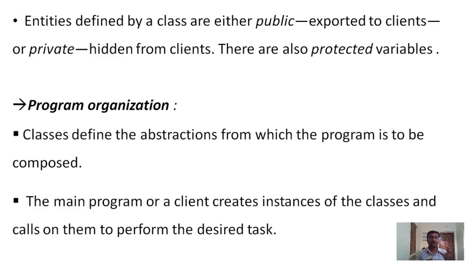So classes are designed, and based on the classes, objects are declared in the main program. The client creates the objects of the classes, and if you call them, they perform the desired task. In this manner, we organize programs in C++.